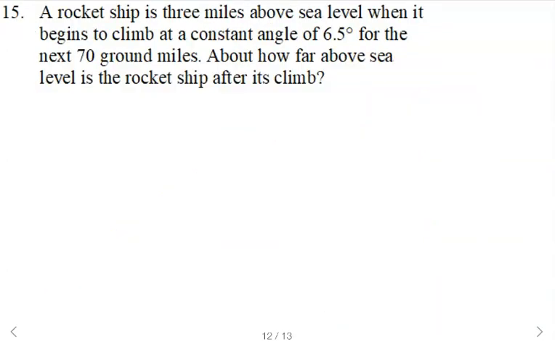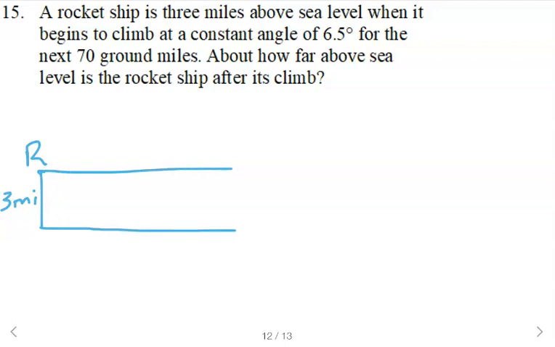All right, the rocket ship is 3 miles above the ground. So I'll just use R for where the rocket ship is. So this is 3 miles from the ground. We're going to see this horizon and then a 6.5 degree incline there.